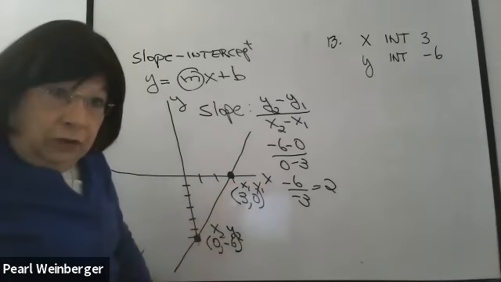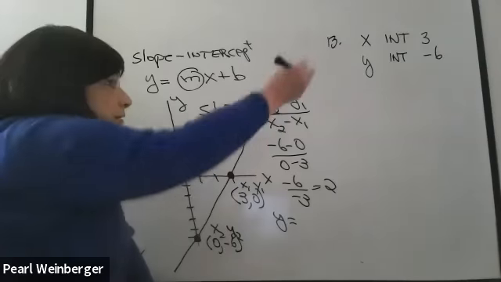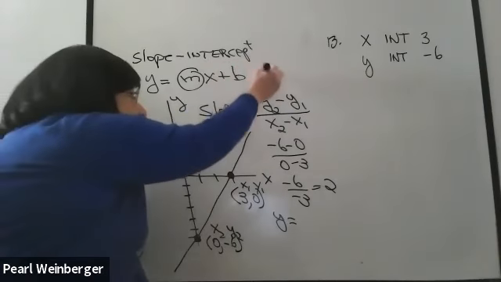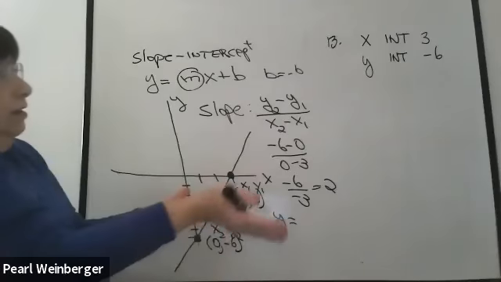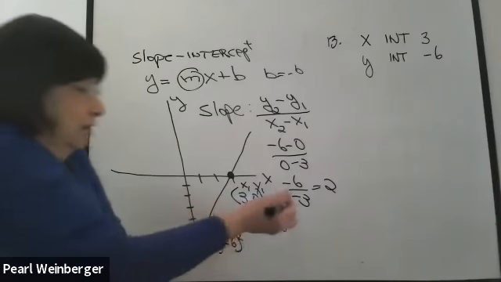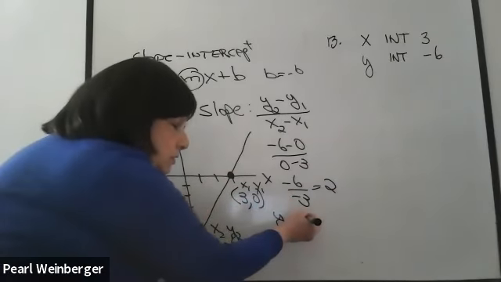So now we're ready to write the equation of the line. What is the equation of the line? The equation is b. We know that b is -6. Right. The b is -6 because we said right away at the beginning, the y-intercept is -6. So your equation becomes y equals 2x - 6.